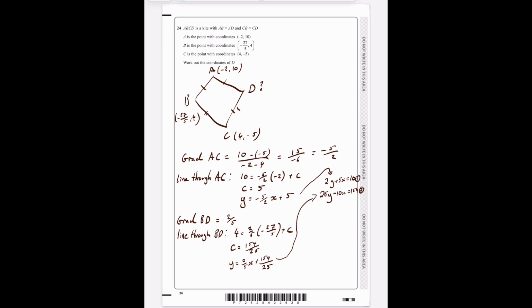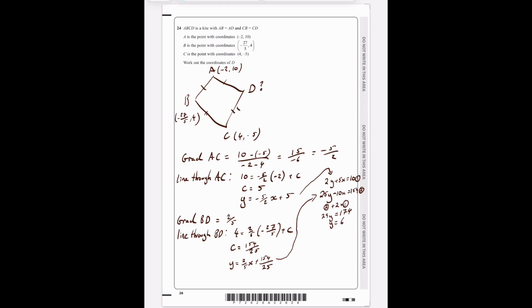I'm going to take the first equation and double it, and then add that to the second equation. So if you like, equation 2 plus 2 lots of equation 1, and we'll get 29y, because it's 25y plus 2 lots of 2y, is equal to 174.